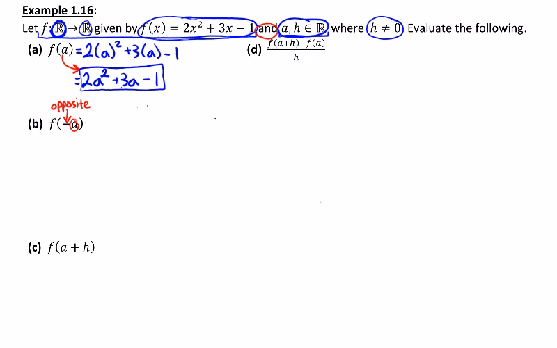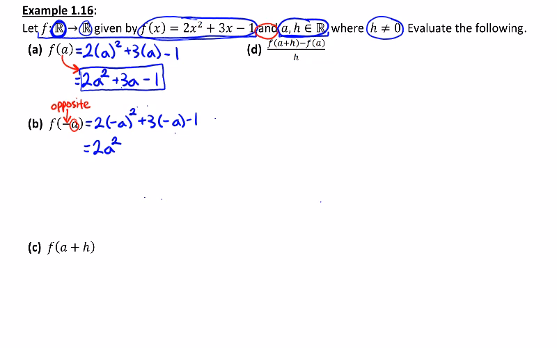So we can proceed with taking negative A and substituting it into the equation. That'll end up giving us actually the same first term that we had with f of A. When you take negative A and square it, it ends up becoming a positive A squared. So it's going to look identical.